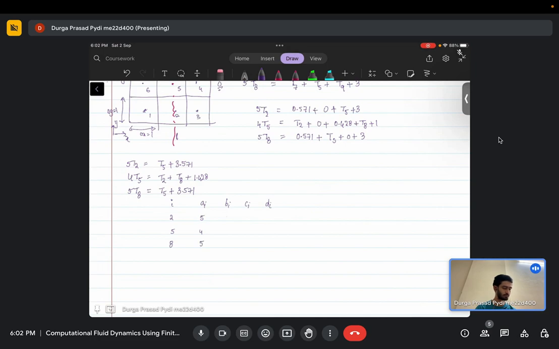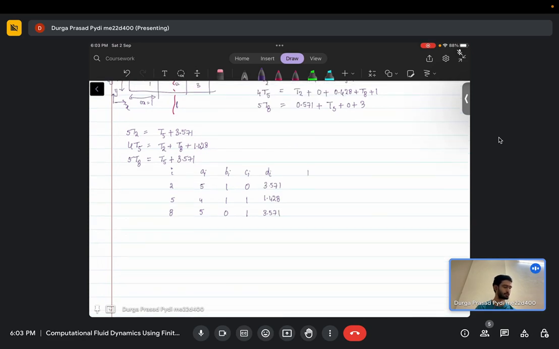For T2, the next cell is T5; for T5, the next one is T8, and for T8 we don't have anything next. For the first one we don't have any previous one. For T5 we have T2 as the preceding one, and for T8 we have T5 as the preceding one. And the D values are 3.571, 2.428 and 3.571.